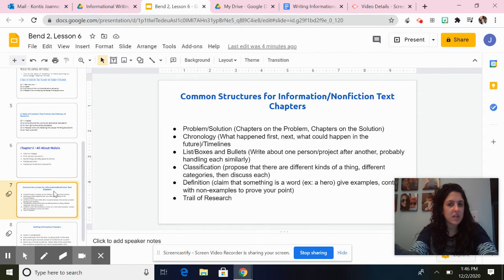You have been looking at different articles and books with Mr. P. So you have problem and solution. You can put things in order chronologically. You can do boxes and bullets. You can classify things by putting them into categories. You can also do definitions, what words mean, and give examples and opposites so that people understand what those words mean, words that are super important to your topic.